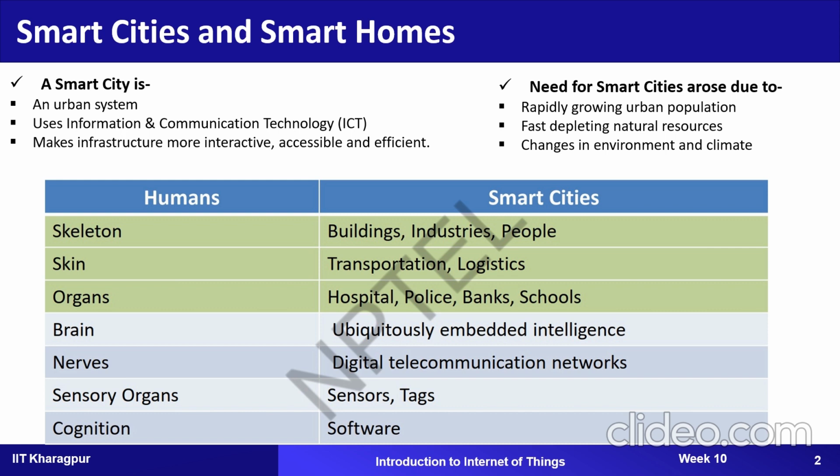Similarly, in smart cities, telecommunication networks are responsible for communication. Then the sensory organs, for sensing different things. In smart cities, various sensors are used for the same purpose. Then cognition, which corresponds to software in smart cities.